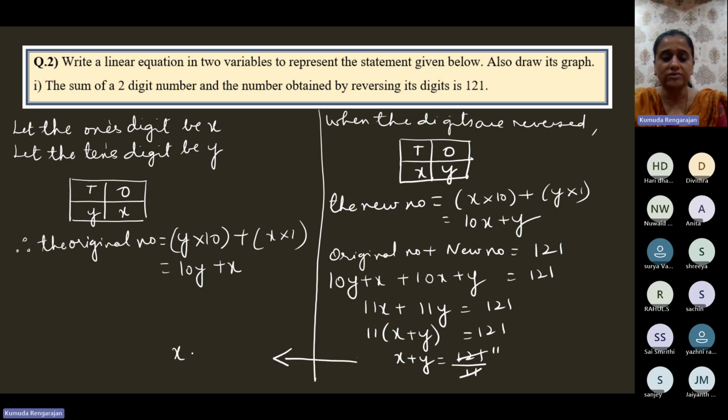So the equation is x plus y minus 11 is equal to 0. This is the required equation.